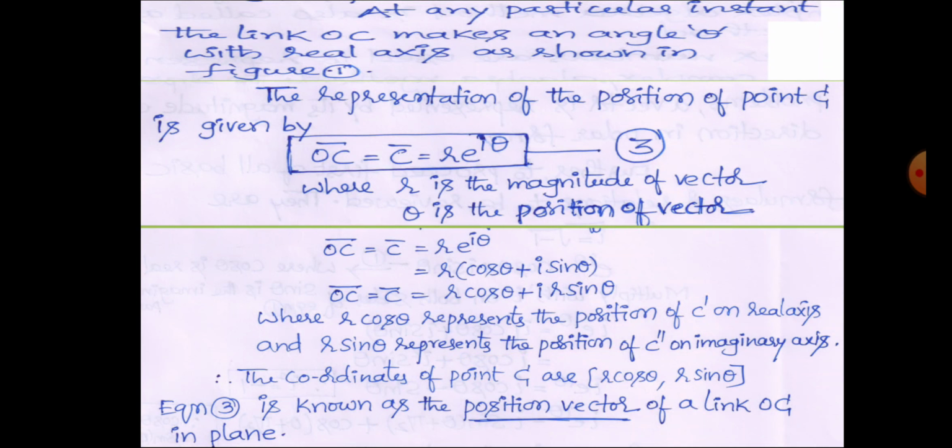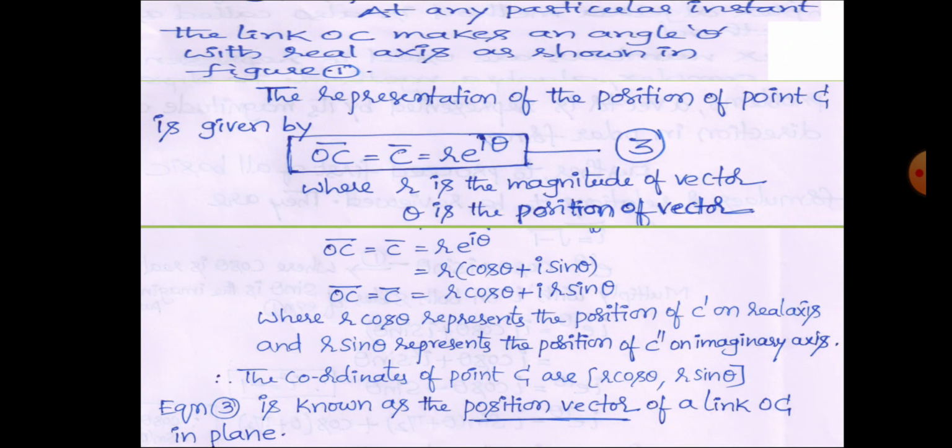So link OC can be represented in complex number by OC bar, that is equal to C bar, which we can write as a vector in polar form, r into e power i theta. Let us call this equation number 3.